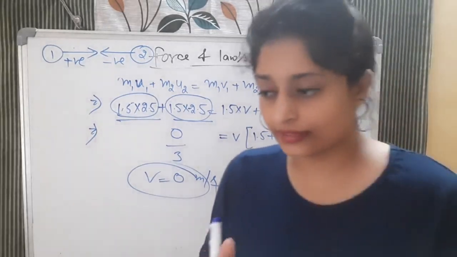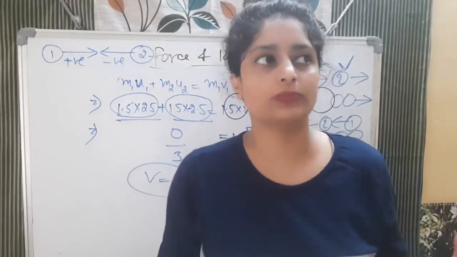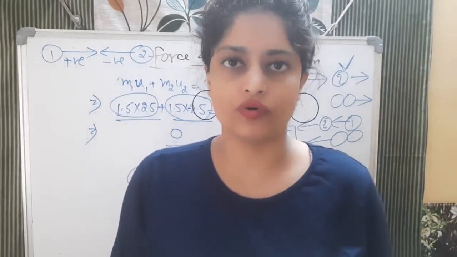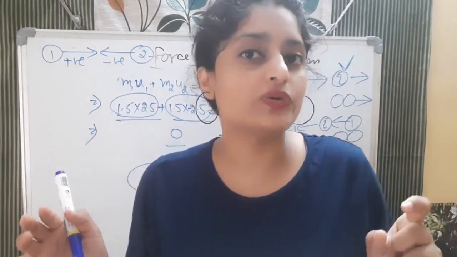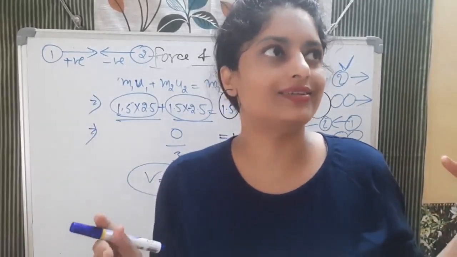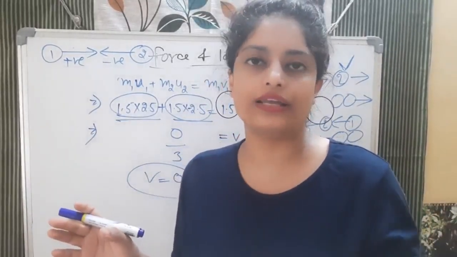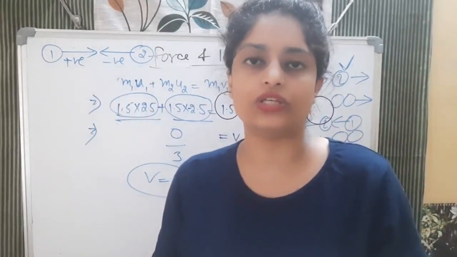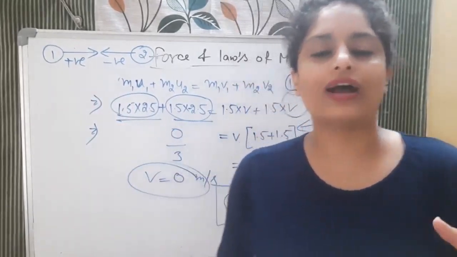Okay. See, child, according to Newton's third law, as you all know, Newton's third law states that there will be equal and opposite force, and that equal and opposite force acts on two different bodies. So when we are talking about a truck standing on the road, nearby the road, what will happen when we are applying force on that object? We cannot move it. Why can we not move it?